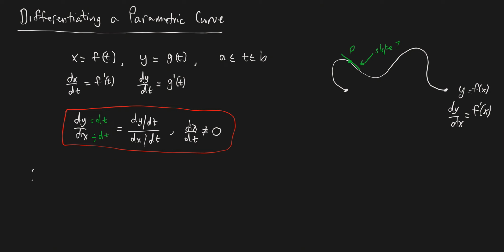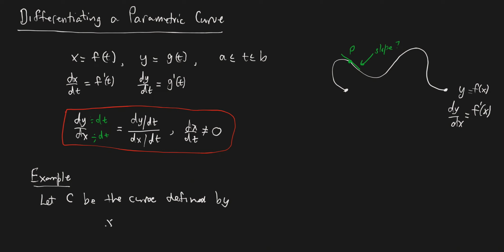So let's do an example just to illustrate this. And not only will we find the slope, but let's go ahead and find the equation of a tangent line. So let's write up a little question here. Let this be the curve defined by, and I'm going to write down our equations here.